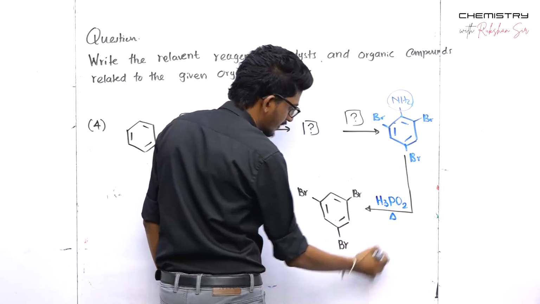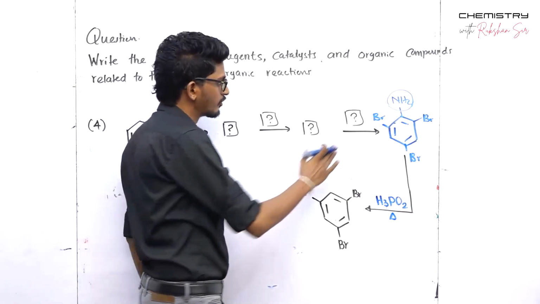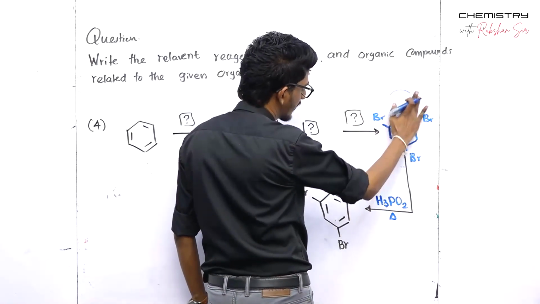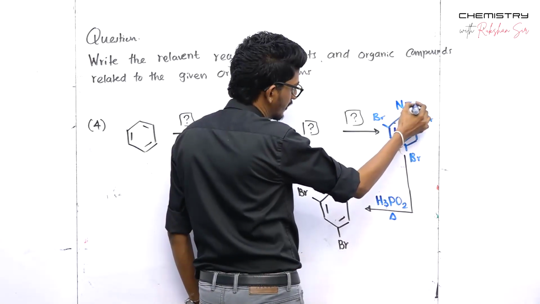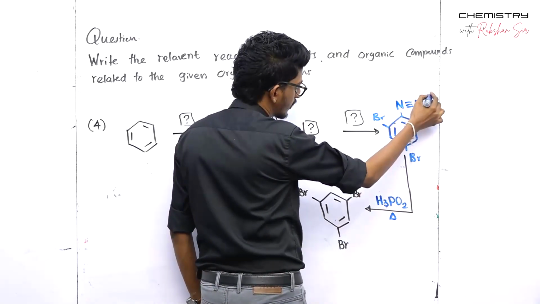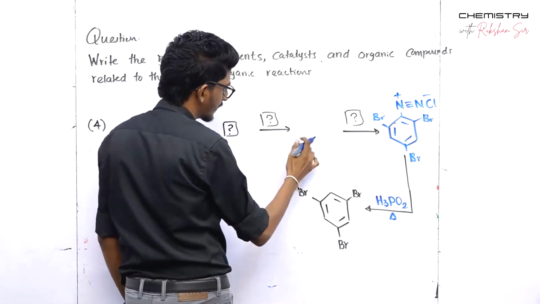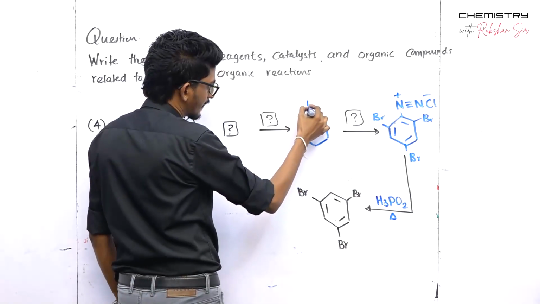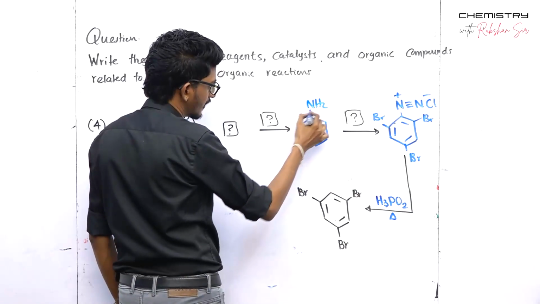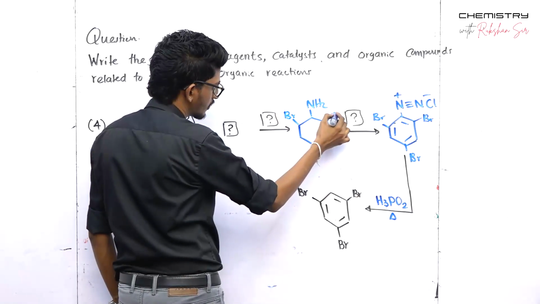By adding H3PO2 and heating. The H3PO2 and heating will get rid of your N2Cl, which can be produced from NH2s.